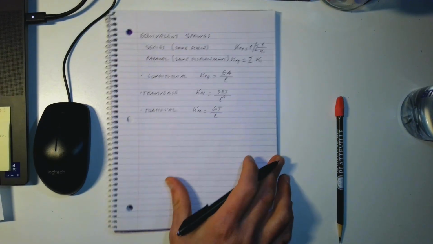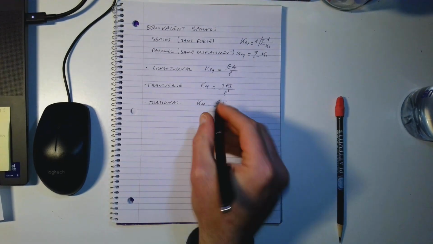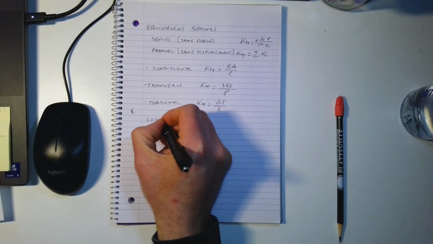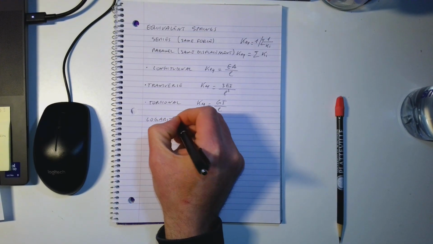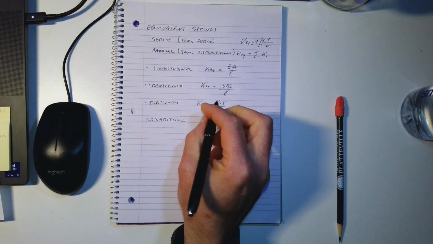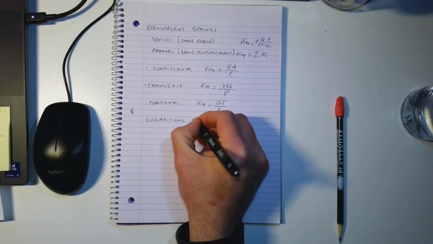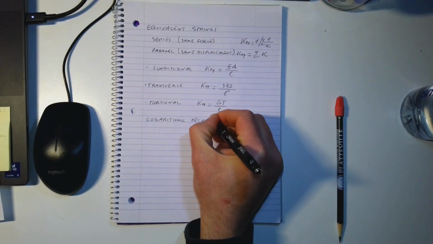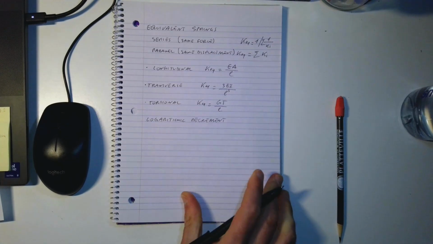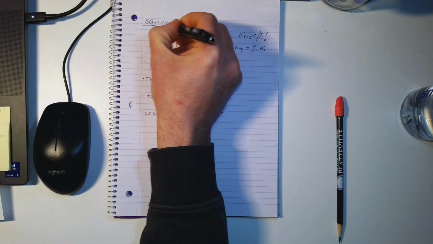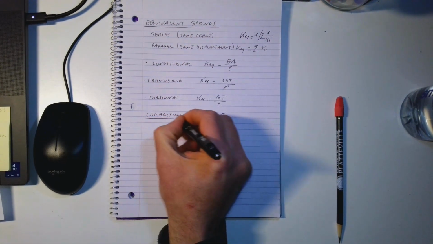The last topic that we looked at is the logarithmic decrement, that we indicate with the letter delta.